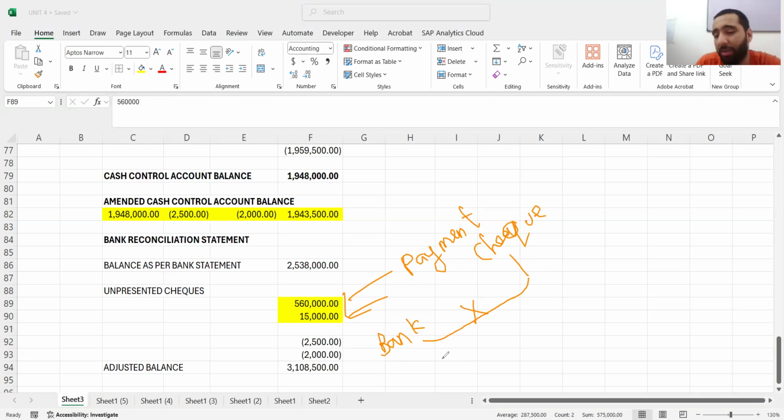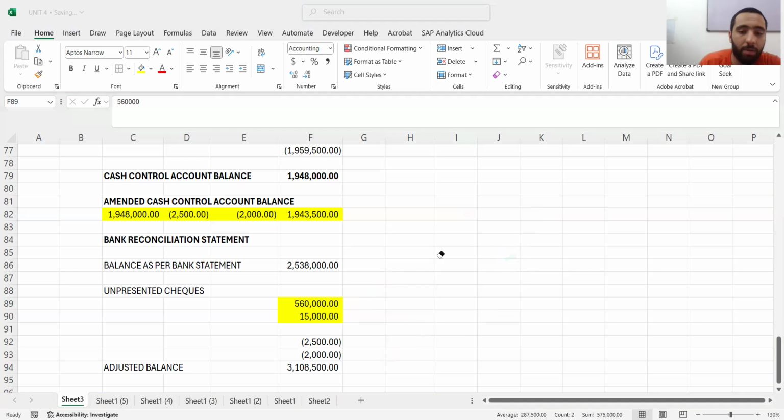The bank will not recognize this. So you have to make sure you do it as minus. I have made a small error. You have to make this as minus. Why? Your bank statement balance will reduce.